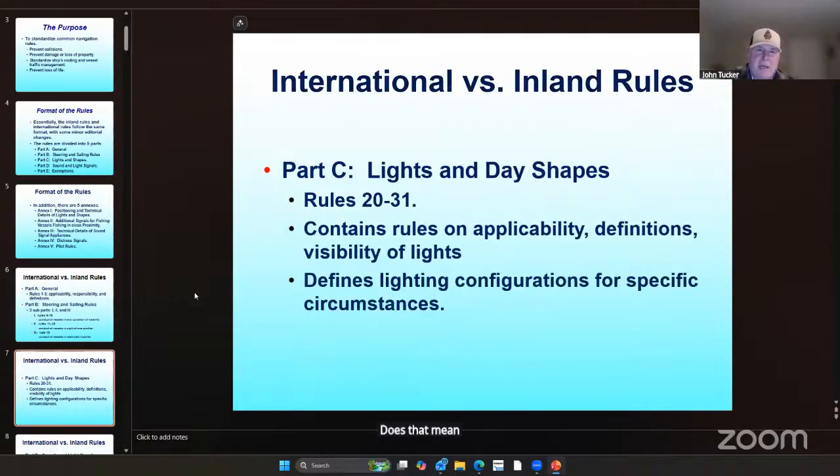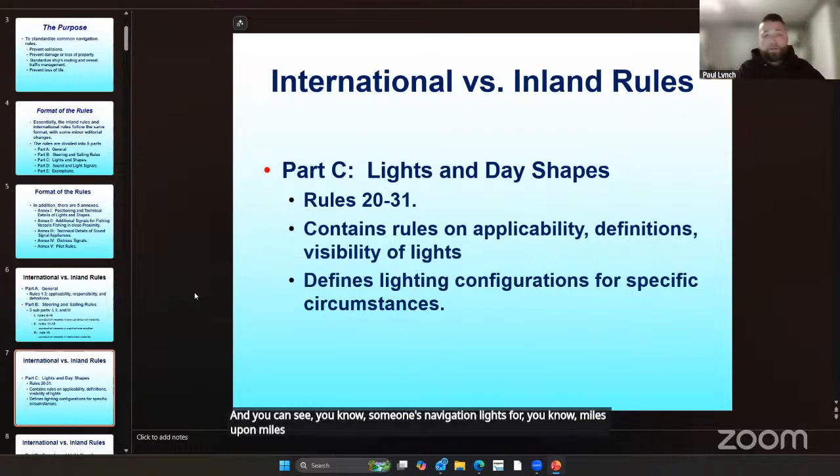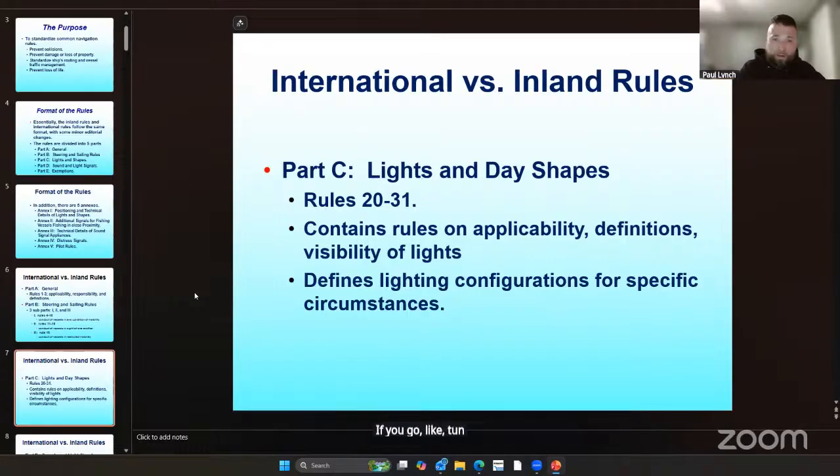Does that mean nighttime? Nighttime, daytime. Oh, really? I didn't know that. No, I mean there's days where the visibility is very clear and you can see someone's navigation lights from miles away, especially if you go tuna fishing and you're coming out of Salem or Gloucester and the northwest corner is like a city, you can see all those boats from like 10 miles away.